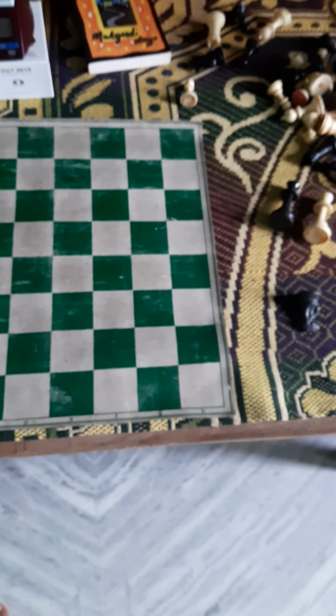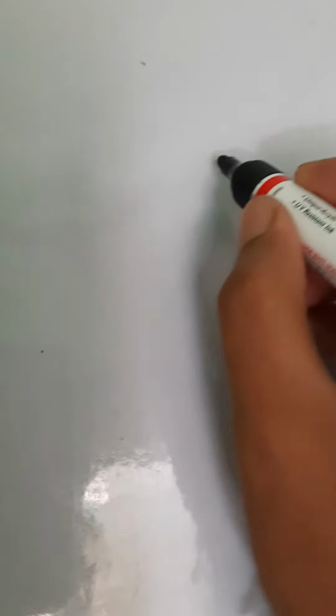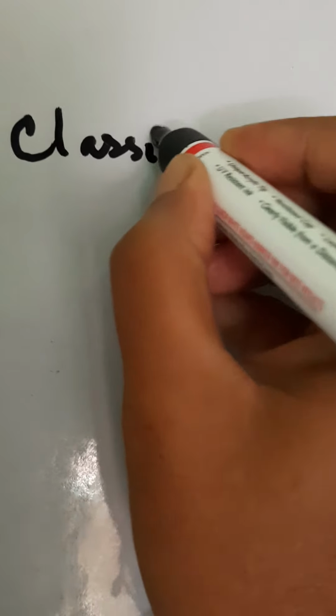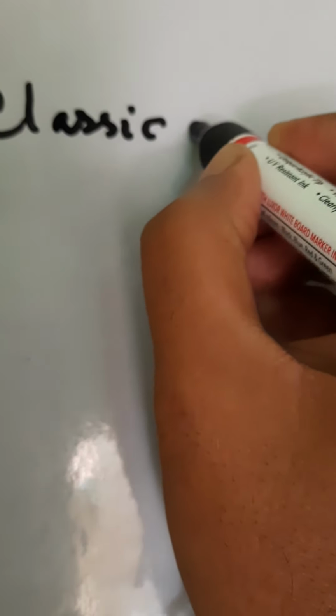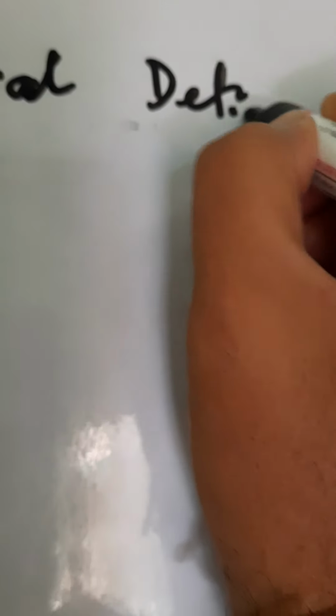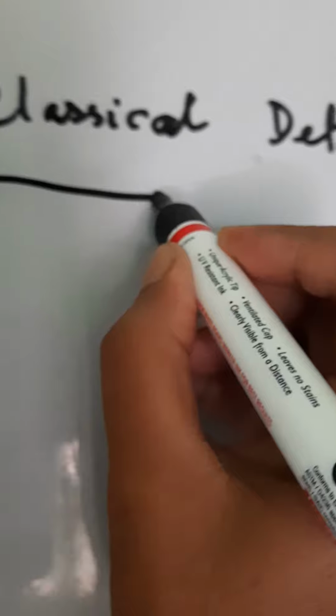So let us go to the whiteboard to write something. Can you see? Let us adjust a little bit. I am taking a pen to write the classical definition of probability. The classical definition of probability, okay?